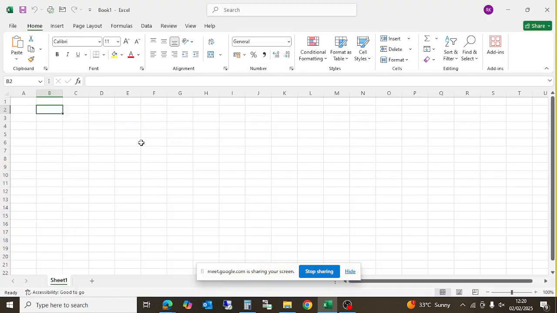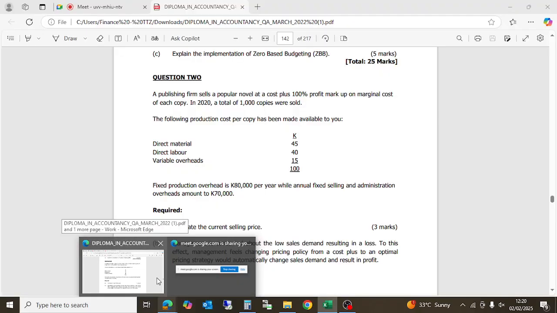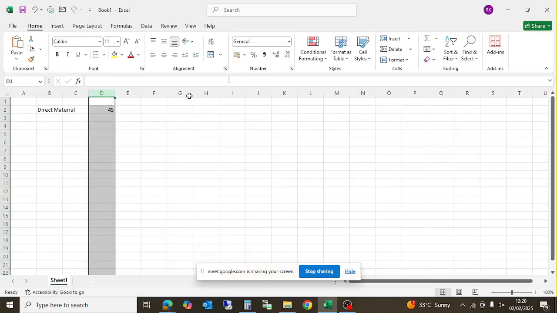So we have direct material, which is 45 kwacha per unit. These are per unit costs, by the way. Let me just change this to currency.